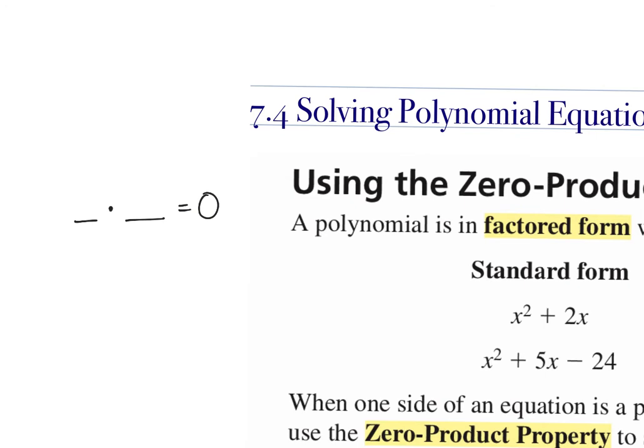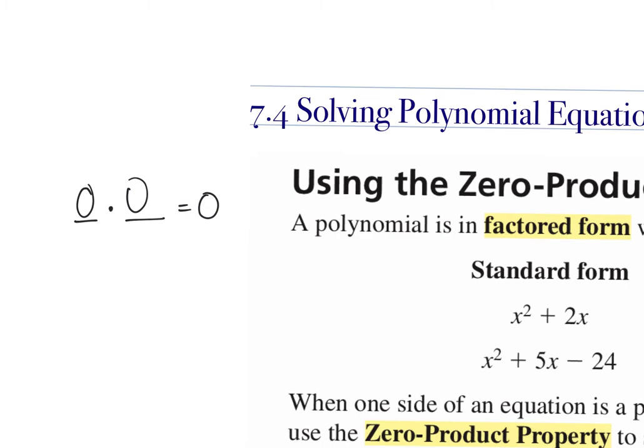But could you have 0 if neither of them was equal to 0? Like 7 times 6? No, that's never going to be equal to 0. 7 times negative 6? That's never going to be equal to 0. So one of your numbers has to be equal to 0 or both of them have to be equal to 0.